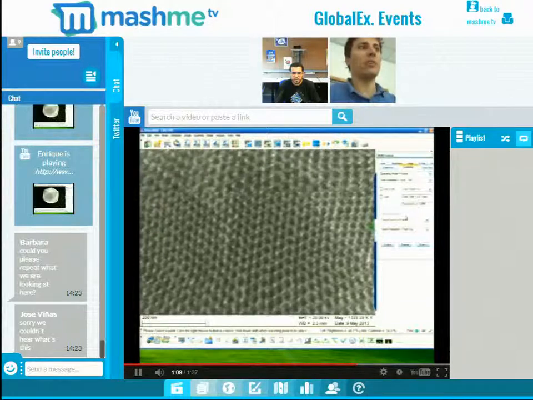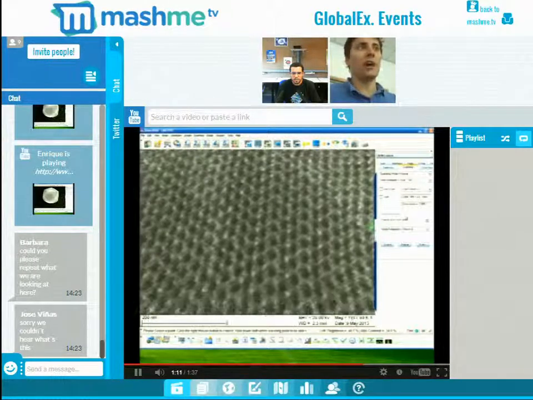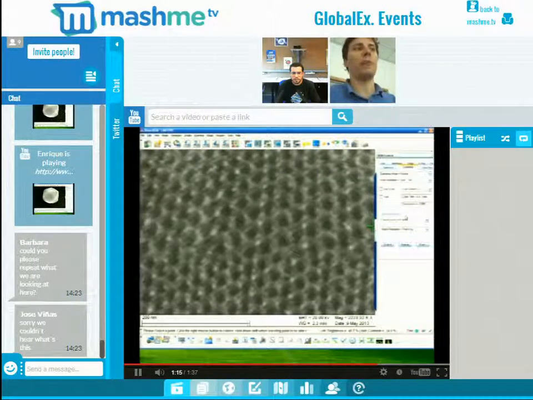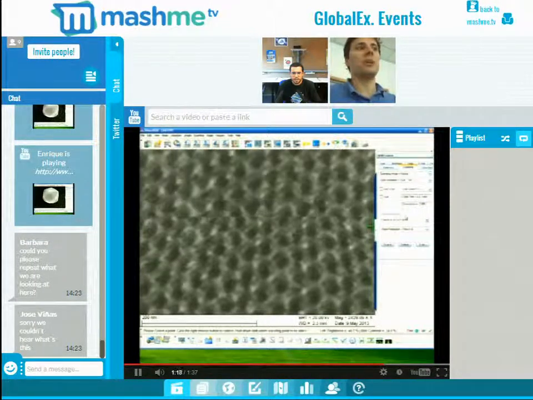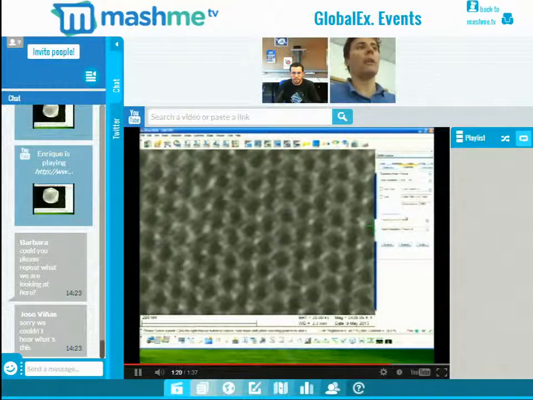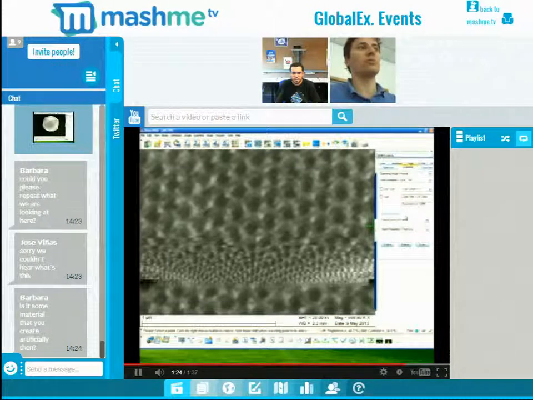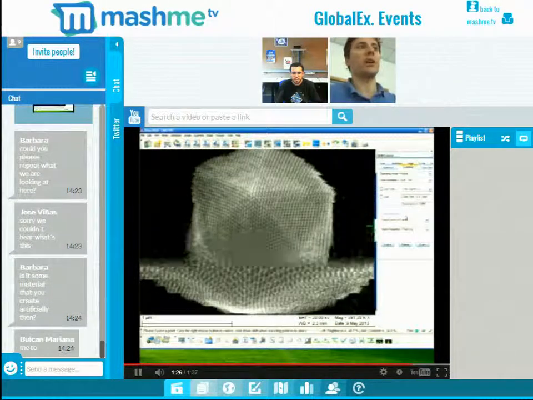This material is highly porous, and the small struts are made out of platinum, which is highly catalytically active, so we also use these materials for water splitting and so on.